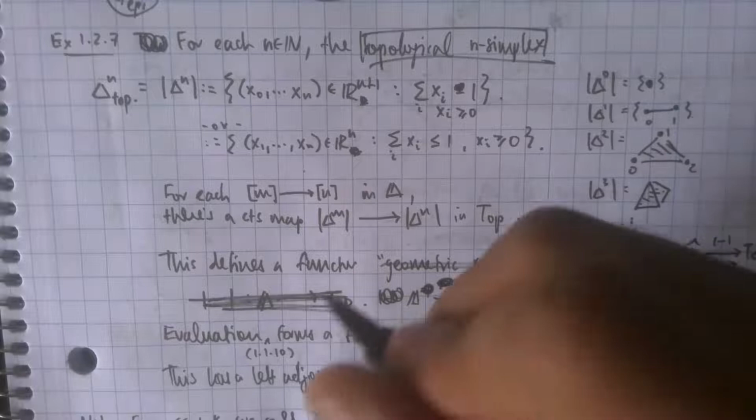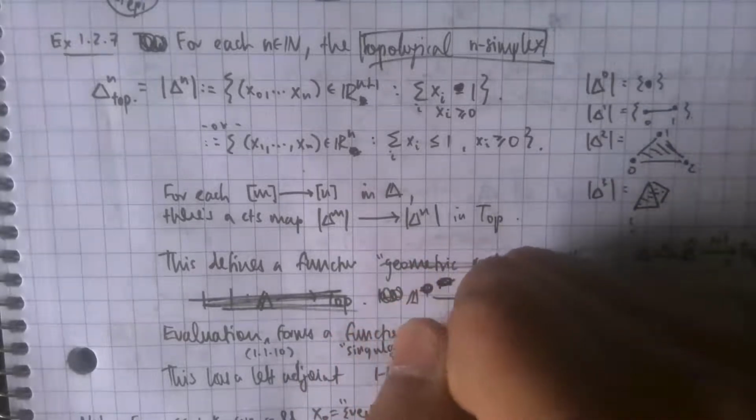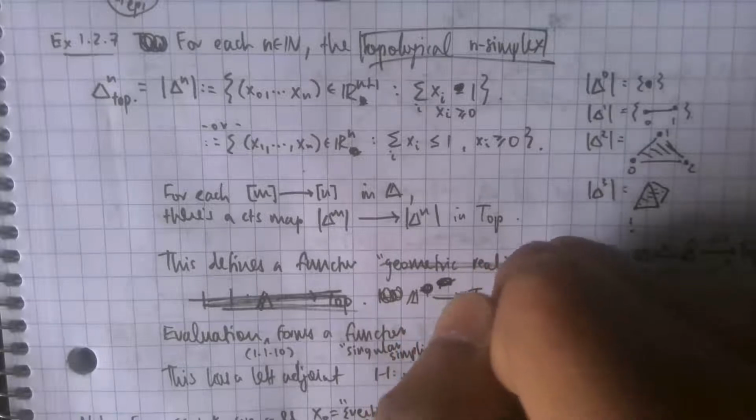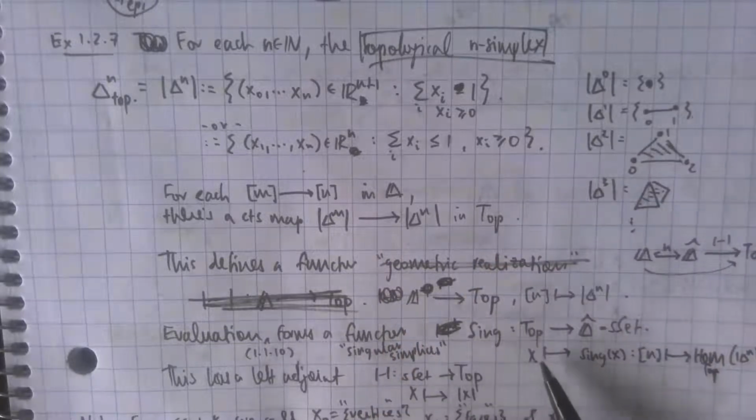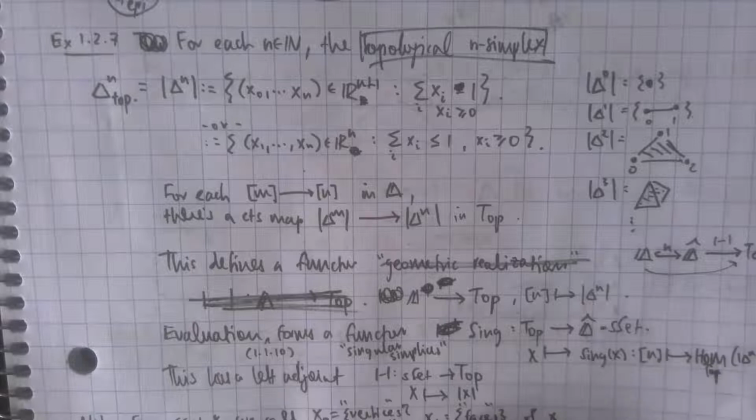That's the singular simplices functor. So that sends a topological space to a simplicial set that's defined in this way. So called Sing X, and the set of sections at n is the set of continuous maps from the n simplex to X.